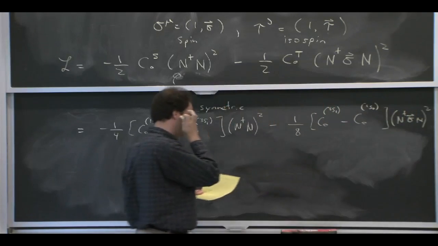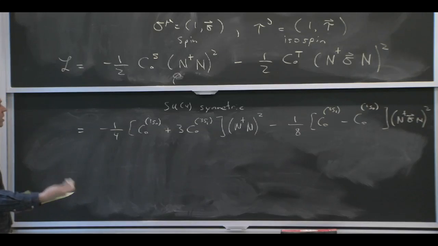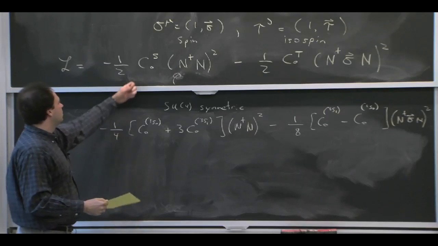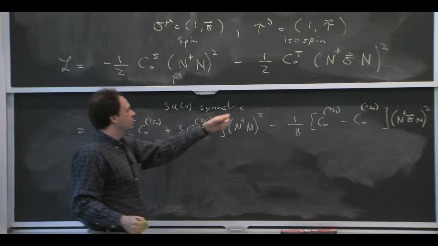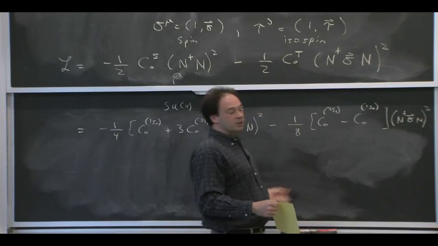So if we go back to the basis where we had coefficients for the 3S1 channel and the 1S0 channel, then this C0s becomes this combination, and C0t is this combination.